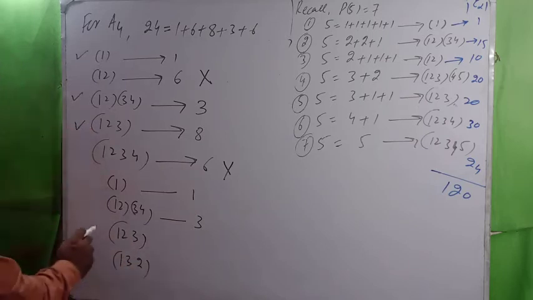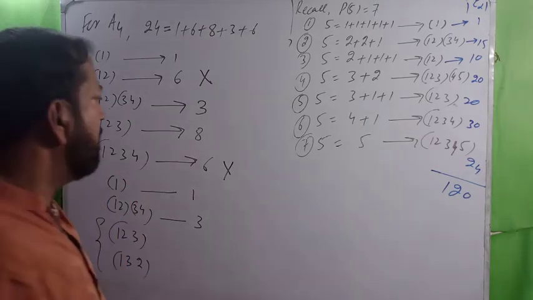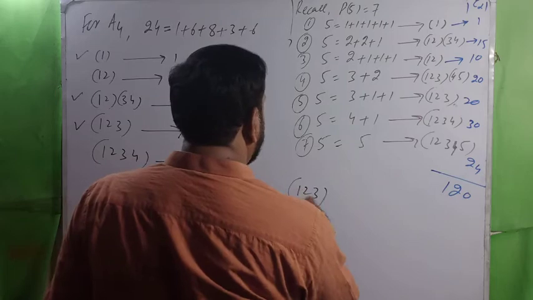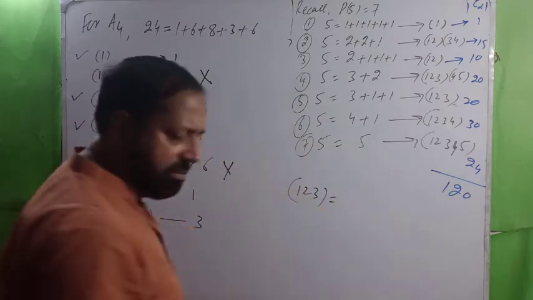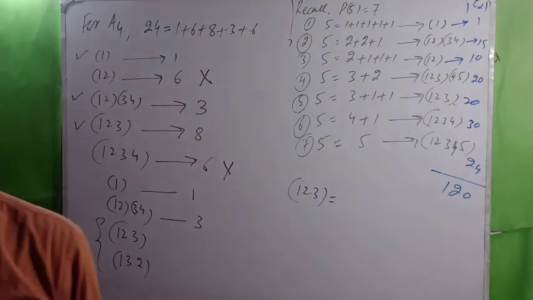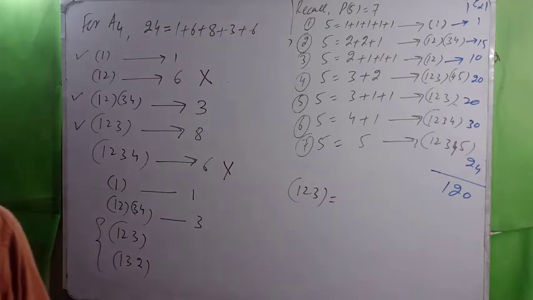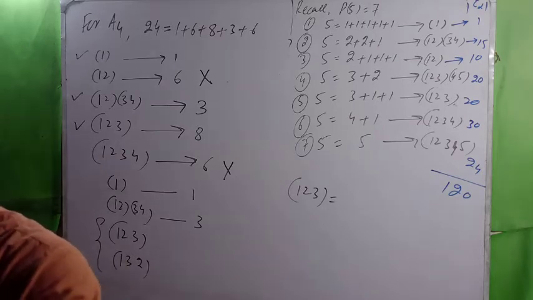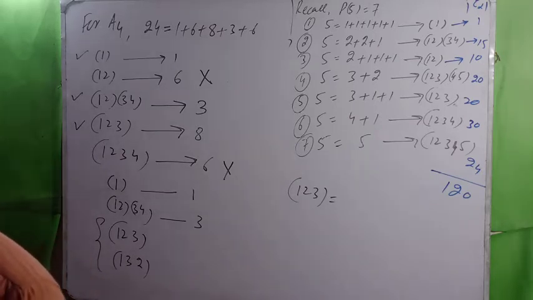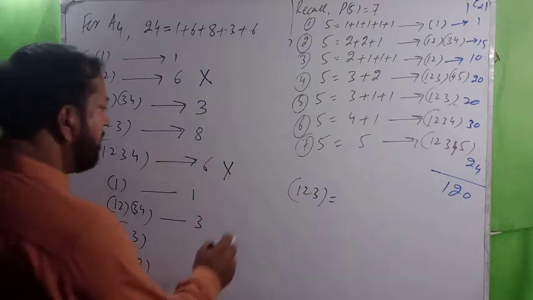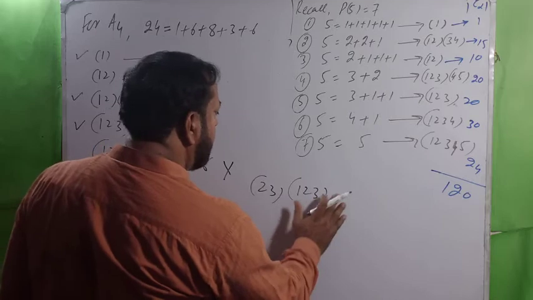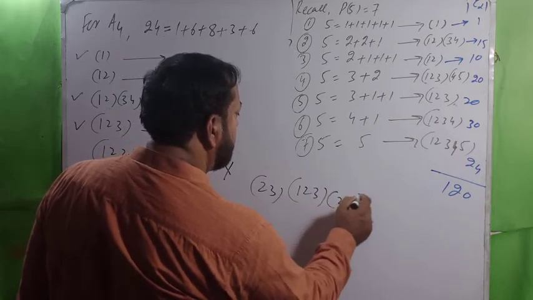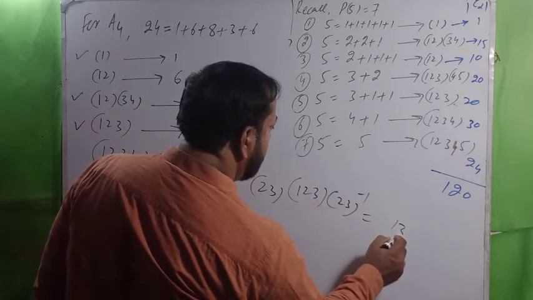These can be separated into 2 different classes in A4. You see that (1 2 3), if you see the conjugate element of (1 2 3) with (2 3), so if you multiply (2 3), (1 2 3), and then (2 3) inverse, you will get (1 3 2).